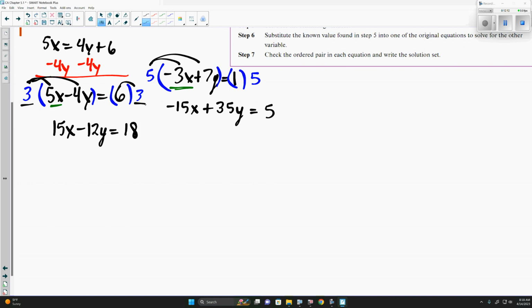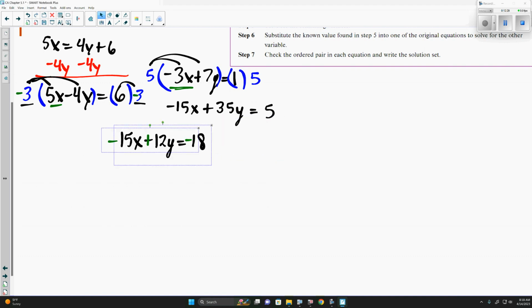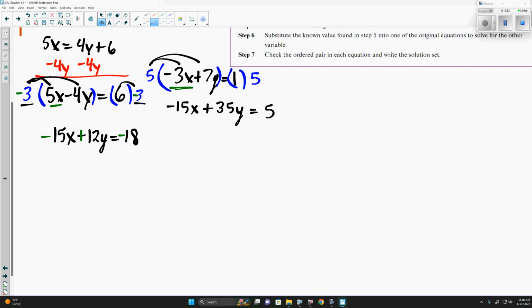Over here, we could do negative 3, and that's fine, because I can multiply it through by negative 3, and I'll write that out. Negative 15x plus 12y is equal to negative 18.